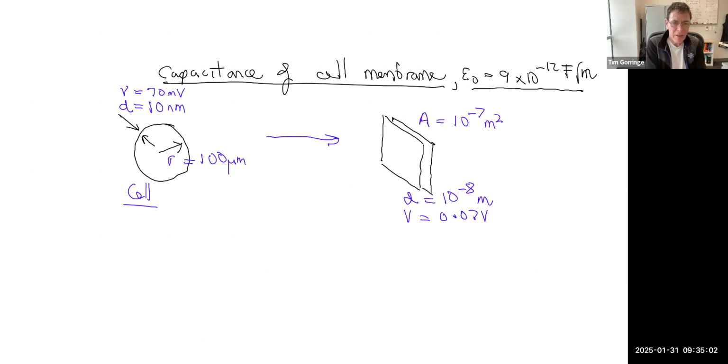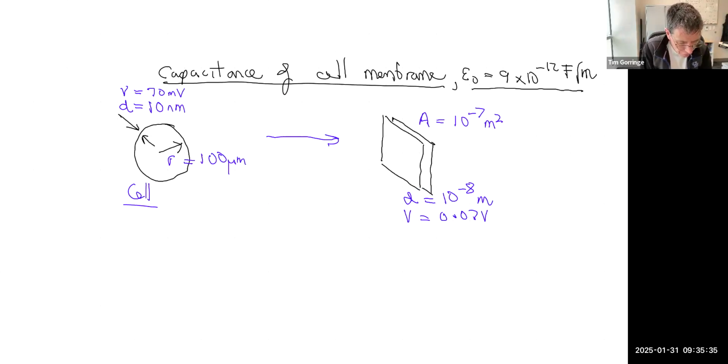I'm imagining taking the spherical cell on the left-hand side, snipping it open with my scissors, and spreading it out flat so I get these two sheets. The faces of the sheets are the inner and outer edges of the lipid membrane. And so that's my abstraction on the right-hand side.